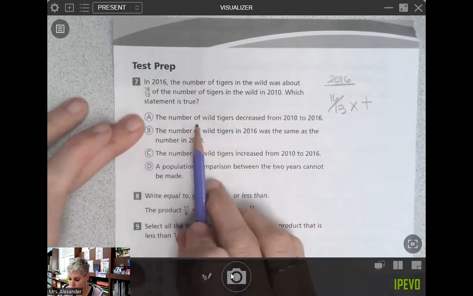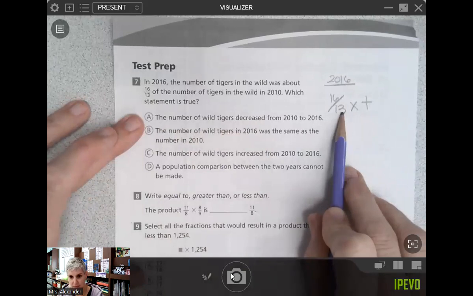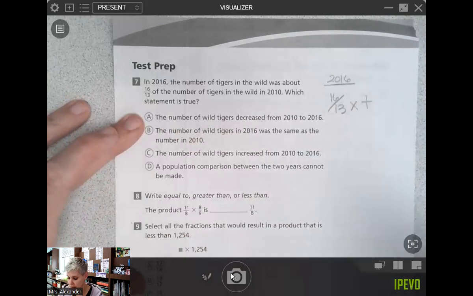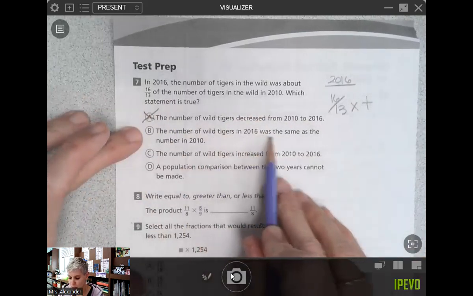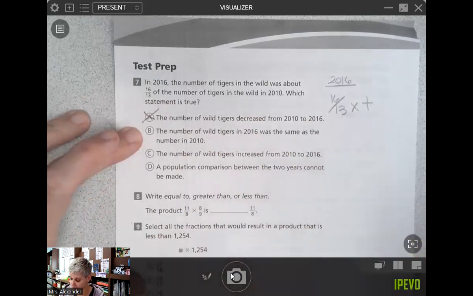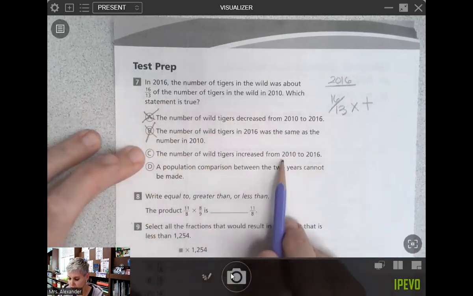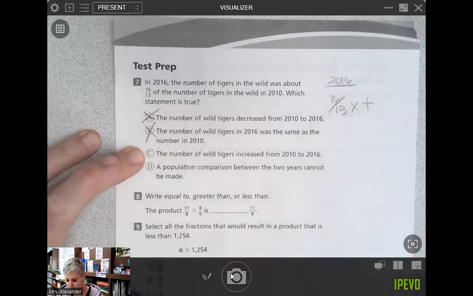Did the number of wild tigers decrease from 2010 to 2016? 16/13 is greater than 1, so I don't think they decreased. The number of wild tigers in 2016 was the same? 16/13 is not 1, so it's not going to be the same. Did they decrease from 2010 to 2016?